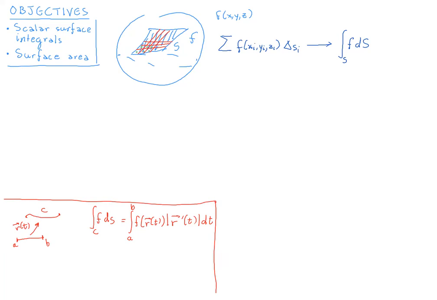We should expect to have something very similar going on here. We will still have a parameterization coming from a domain D in the UV plane. We would like to keep our variables separate. So the way we had t for the variable of the parameterization of the path, we use u and v. This is not a very strict assumption, and occasionally it's going to be bent.